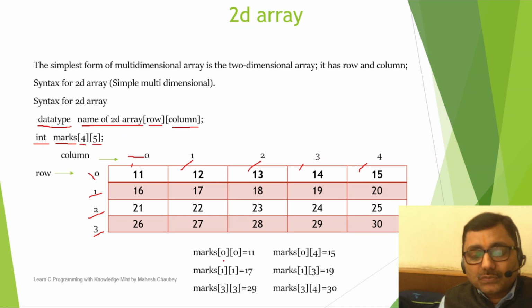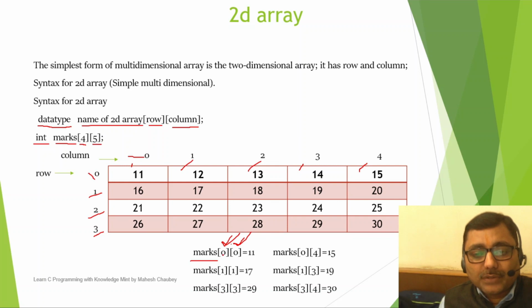When it comes to fetching a particular value from a 2D array, here this is the name of the array, this is the index number for the row, and this is the index number for the column.